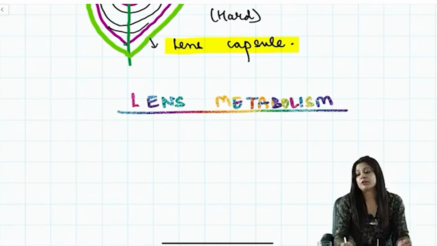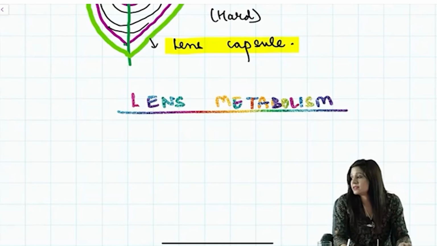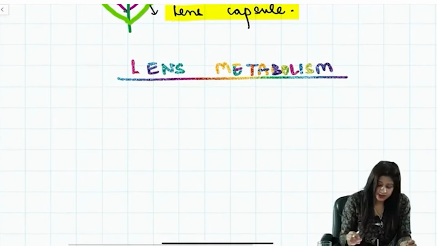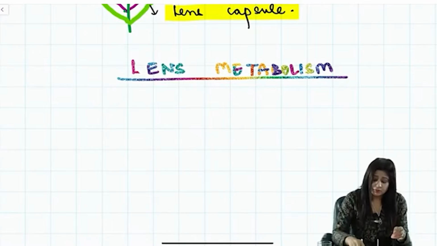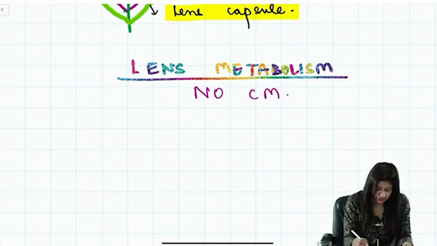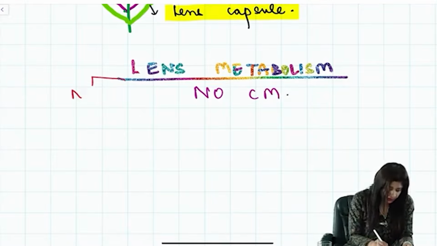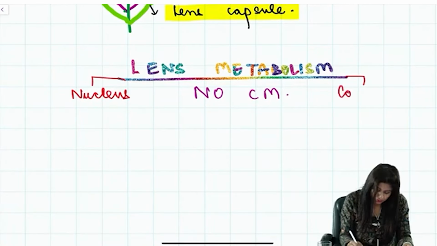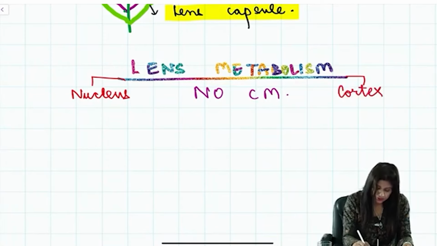So now the biochemistry of the lens, metabolic activity of the lens, वो कहाँ होती है? इसके लिए we have a very simple mnemonic, NOCM. NOCM मतलब N से हो गया the nucleus and C for the cortex.